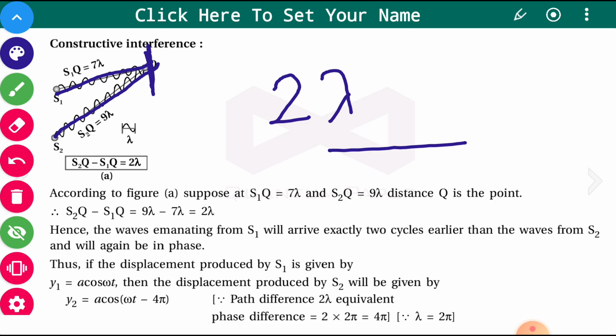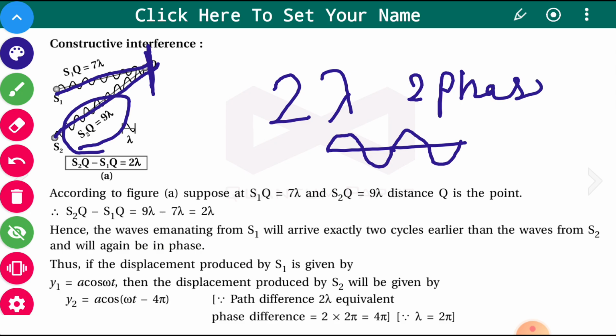Now this is one wavelength, so we can say it is one phase, and this is the second phase. So the waves which are reaching from S2 are late by 2 phases, or we can say the waves from S1 are reaching 2 phases earlier than the waves from the second source.